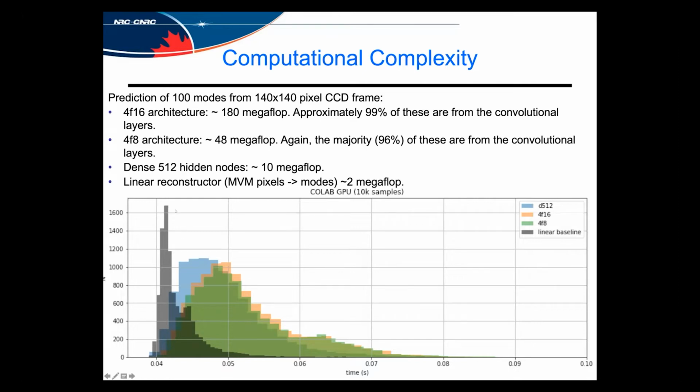In gray is a histogram of the linear reconstructor, and you see that the machine learning reconstructors don't require that much more time to execute. There's been no attempt to implement this in real time or anything, but that gives a ballpark.